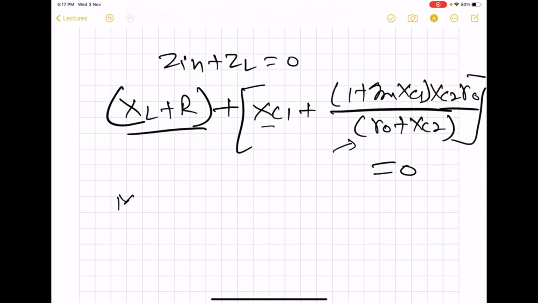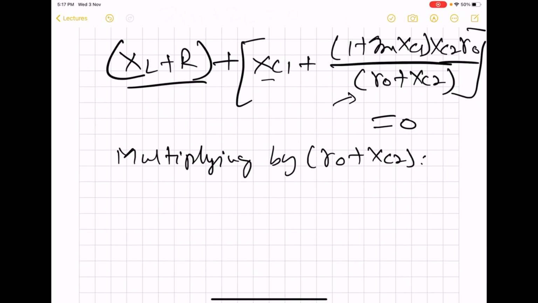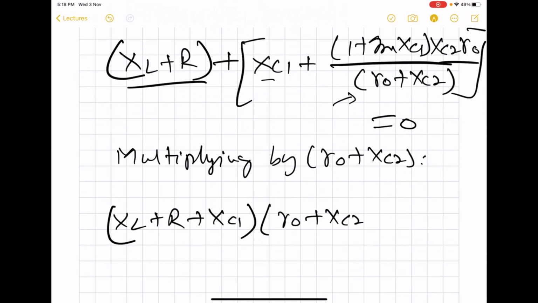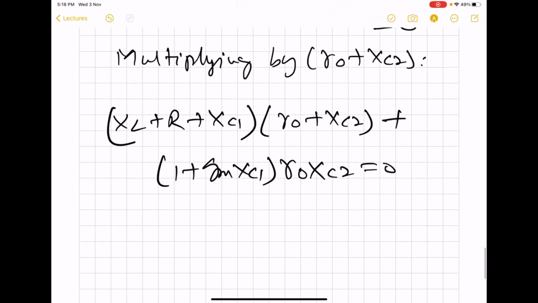So what we get is XL plus R plus Xe1 into R naught plus Xe2 plus 1 plus Gm Xe1 R0 Xe2 is equal to 0.